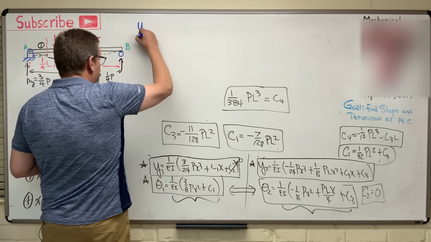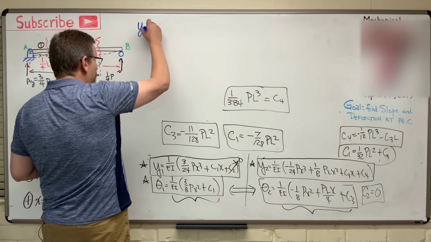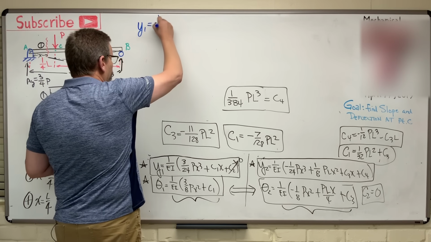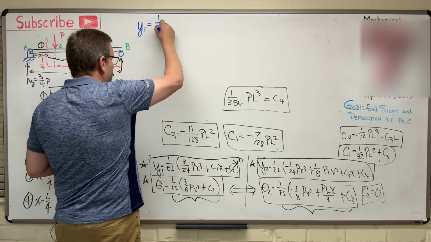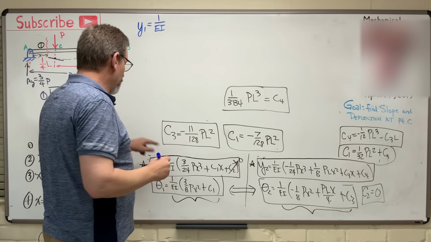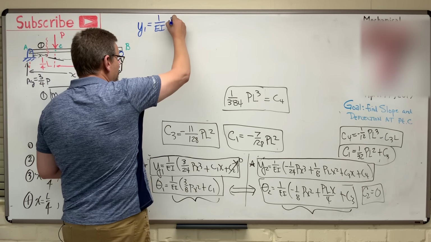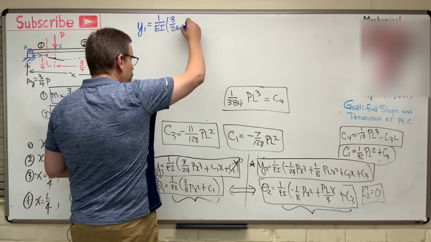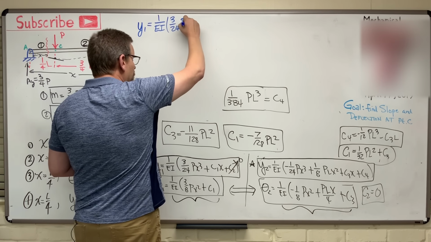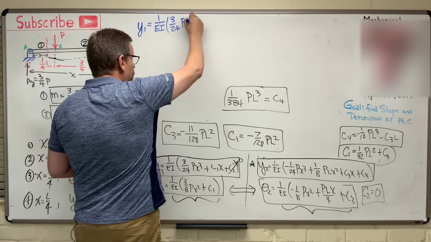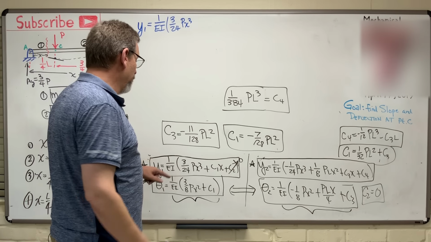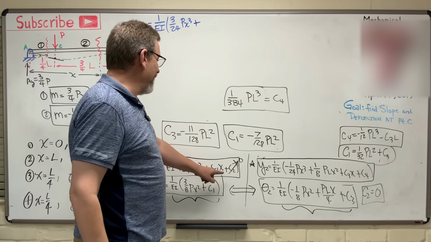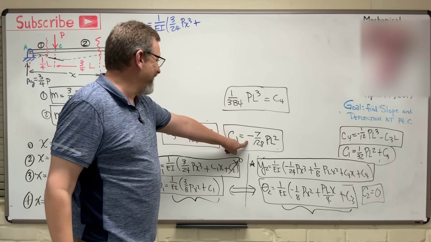So, you want to find the deflection in segment 1? Here's what you need to do. 1 over EI times 3/24 P x cubed, plus C1x.